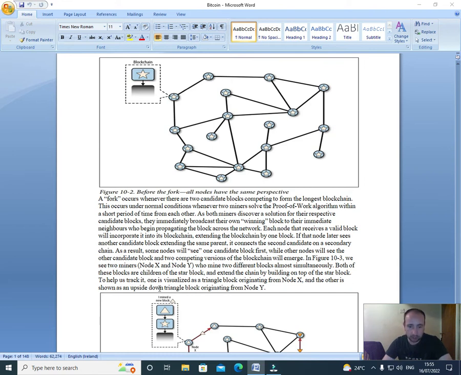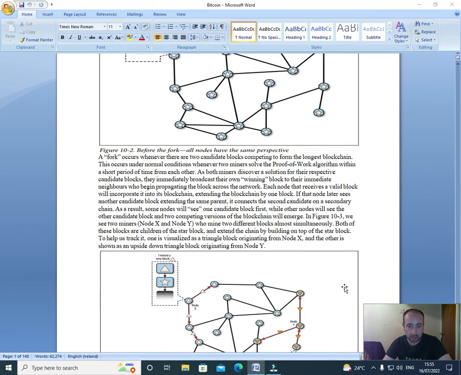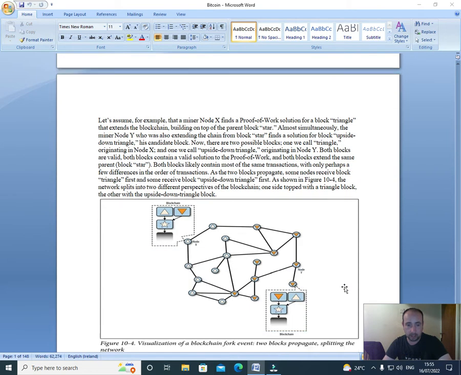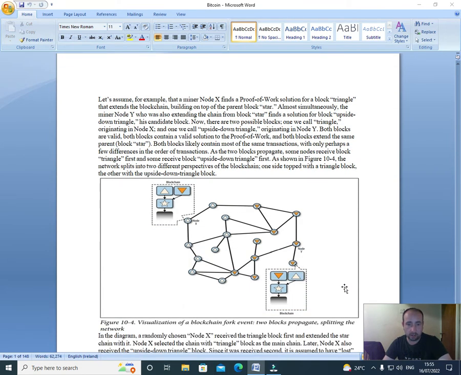To help us track it, one is visualized as a triangle block originating from node X, and the other is shown as an upside down triangle originating from node Y. Let's assume, for example, that the miner node X finds a proof of work solution for a block triangle that extends the blockchain.